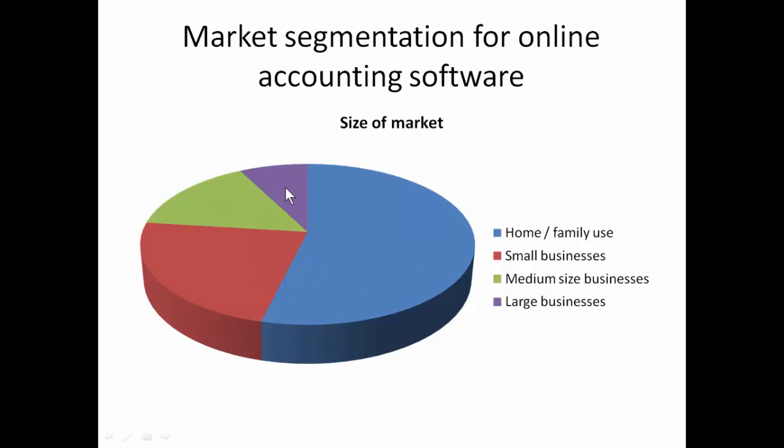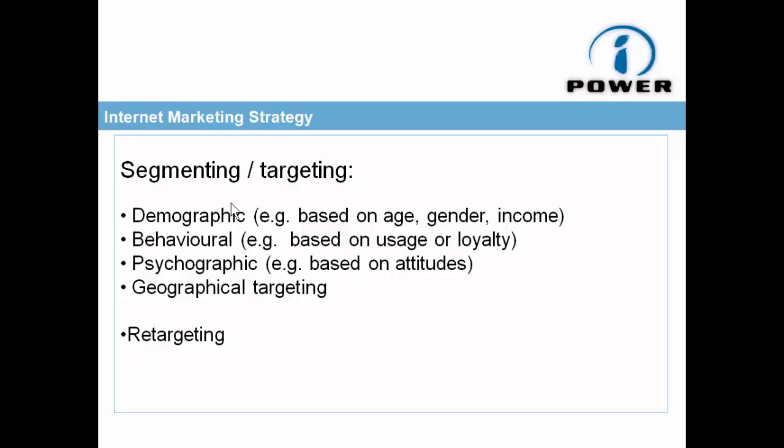In some cases, the accounting software company might decide just to focus on one segment, like for example, medium-sized businesses or small-sized businesses. So you need to define your segments, and you need to understand the differences between those segments, and you need to satisfy those segments with the 4 P's.